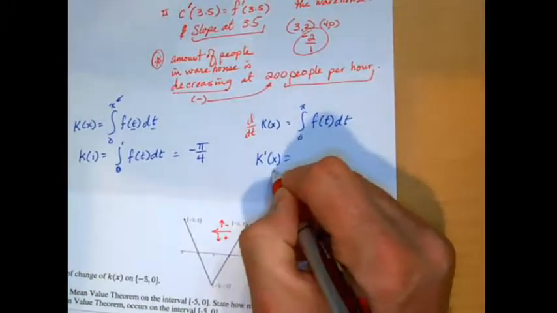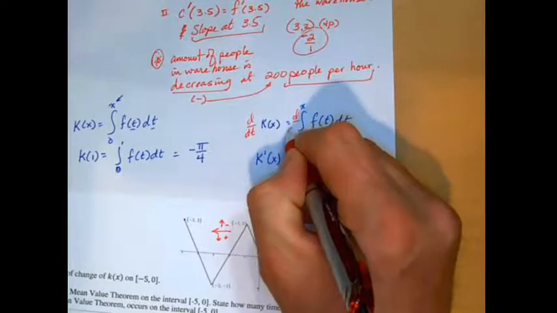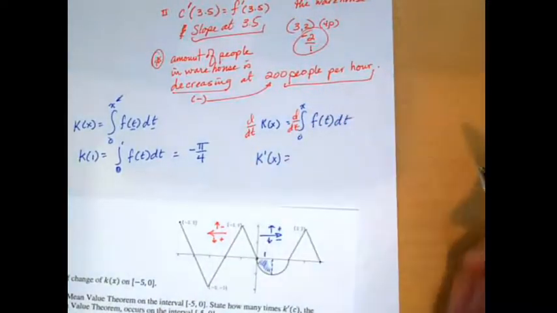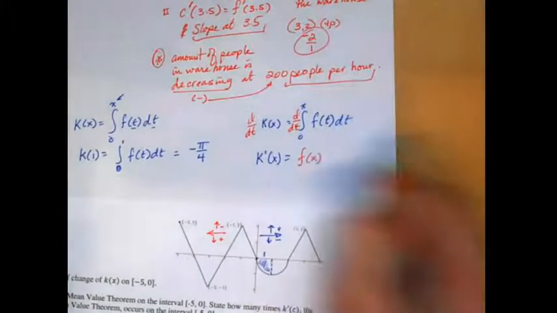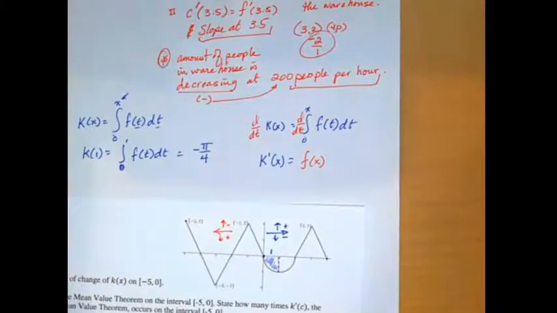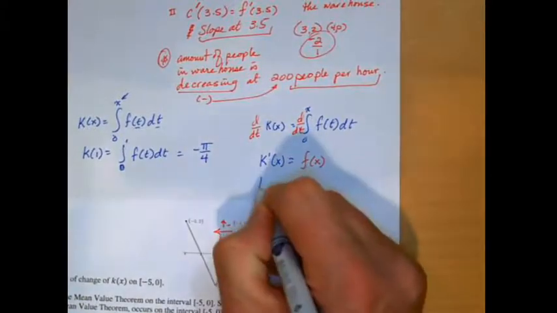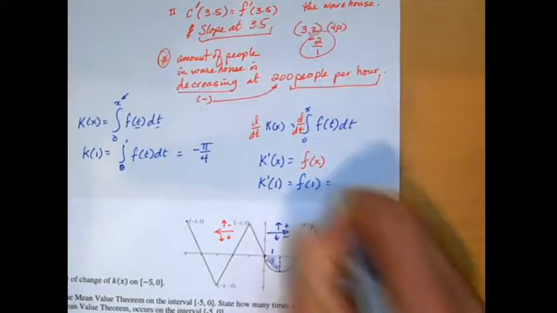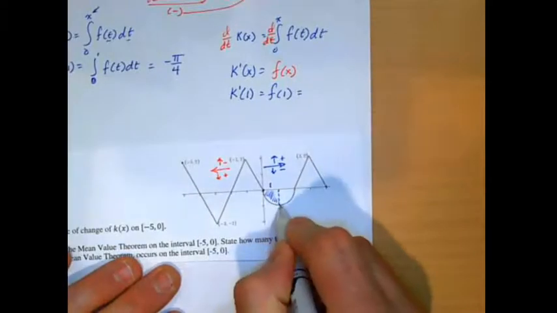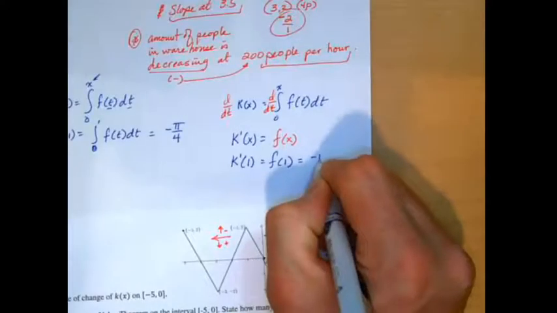So K prime of x is f of x. And if I want to know K prime of 1, K prime of 1 is going to be f of 1. And the function value at 1 is this point right down here of -1.